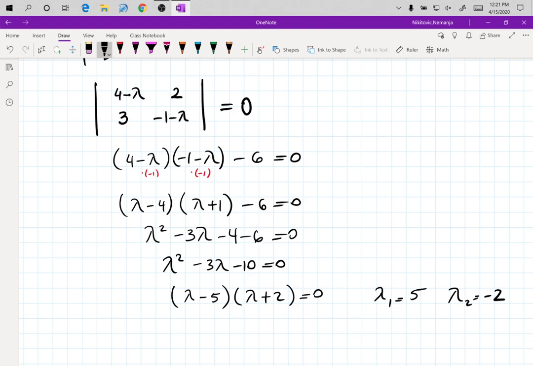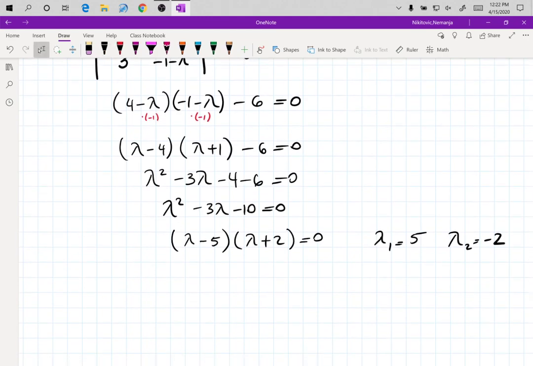To find eigenvectors. Usually that's the one that is a little bit annoying, but it's doable. Just pay attention. It's doable. Lambda 1 is equal to 5.